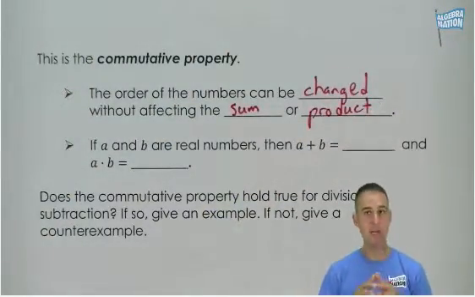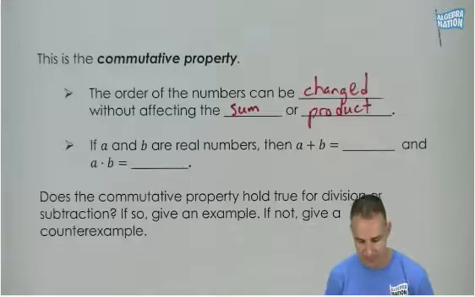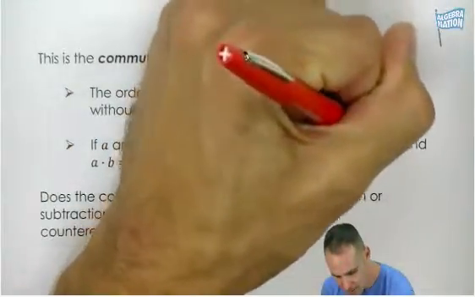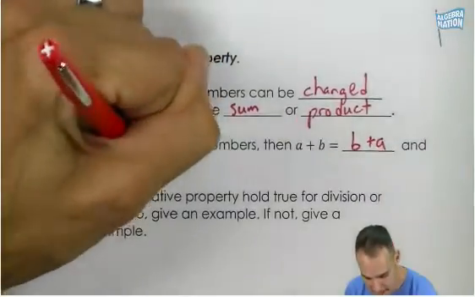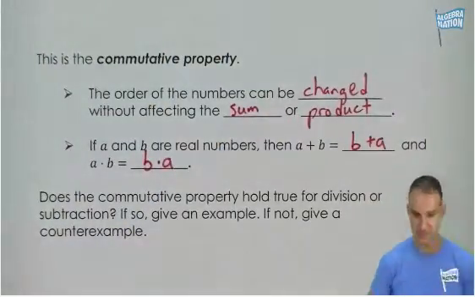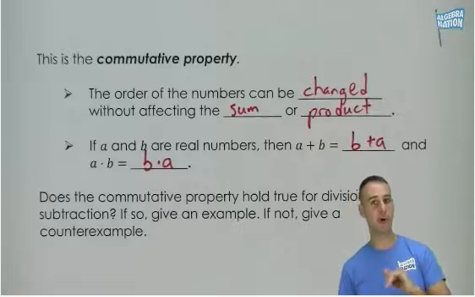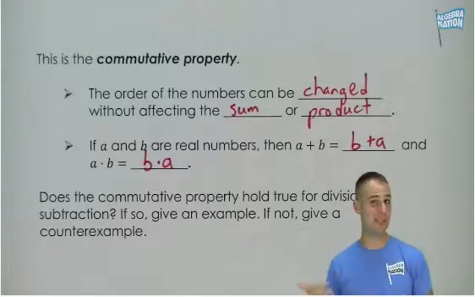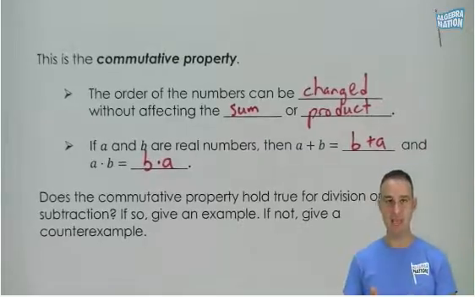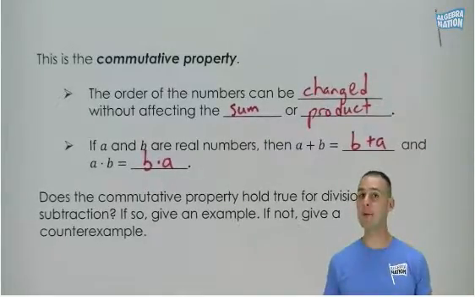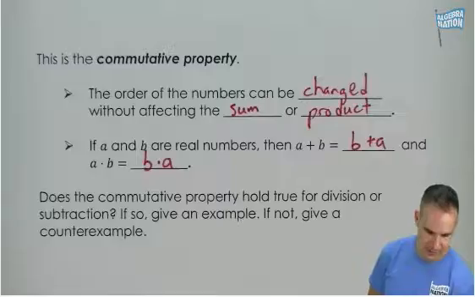If a and b are real numbers, this means a plus b is equal to b plus a, and a times b is equivalent to b times a. But notice, this is just for the sum or product. Does the commutative property hold true for division or subtraction? If so, give an example, and if not, give a counterexample.